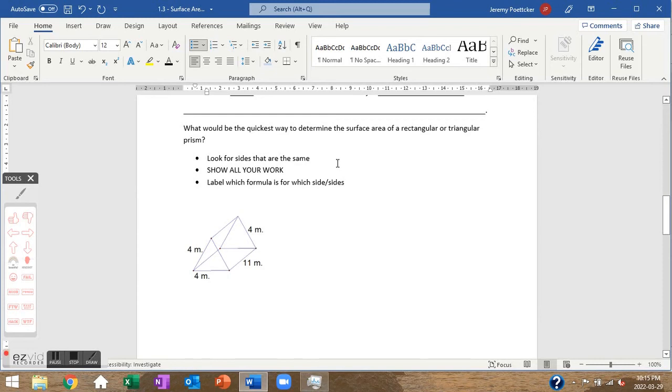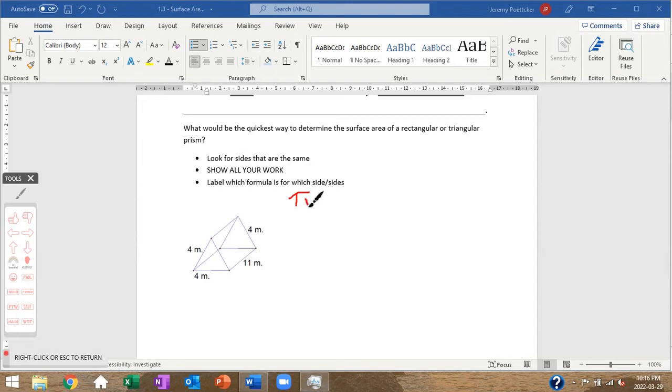For these little guys, this is not super important. When you get to shapes, like you will in the next couple days, that may have 4 or 5 different parts to them, and sometimes more, labeling things is super important. All right, so let's find the surface area of this triangular prism.